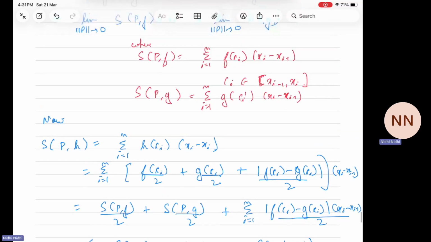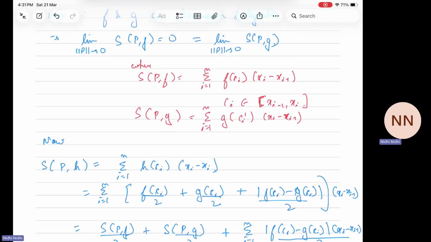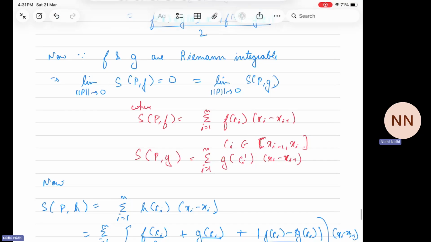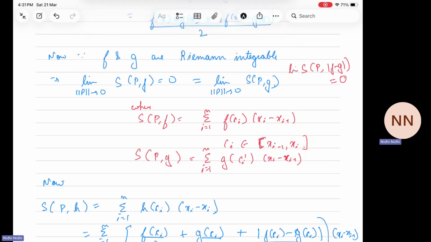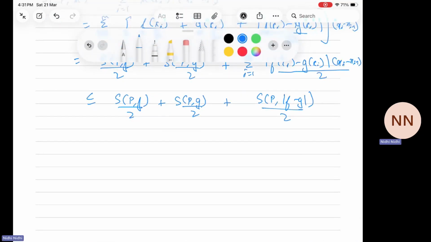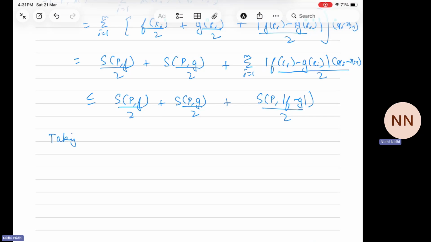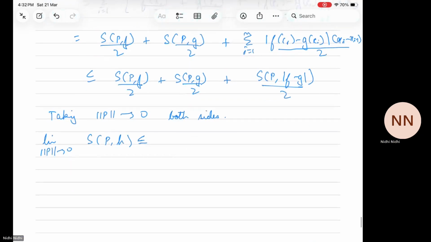Now since both S_P(f) and S_P(g) are converging to 0 as norm P tends to 0, that will give us S_P(|f - g|) will also be equal to 0 in the limit. So taking the limit as norm P tending to 0 on both sides, we get the limit of S_P(h) is less than or equal to the rest of the terms, which are going to 0.